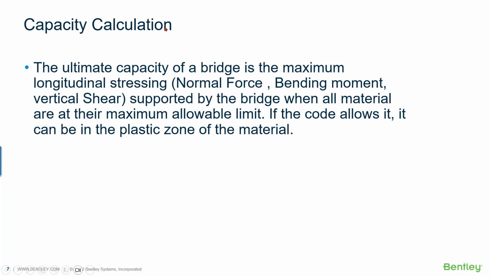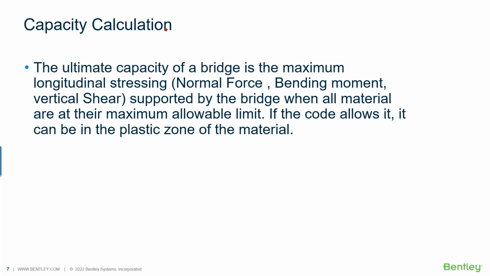The ultimate capacity of a bridge, what is it? It's the maximum longitudinal stressing, meaning due to normal force, bending moment, vertical shear, supported by the bridge when all materials are at their maximum allowable limit. If the code allows it, it can be in the plastic zone of the material.